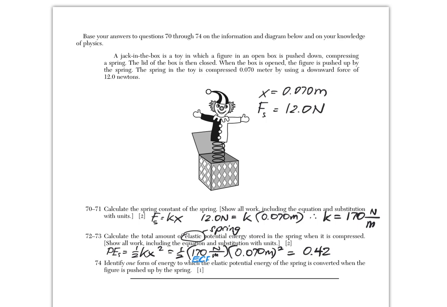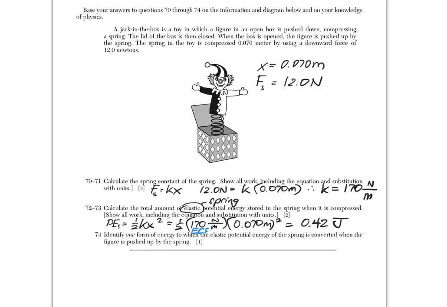In case you got that wrong in 70, 71, we would follow that. That's why we're showing work, so we can follow it. But 0.5 times 170 times 0.07 squared is 0.42. And of course, since this is an energy, the units for 0.42 are joules. Do not forget those units.